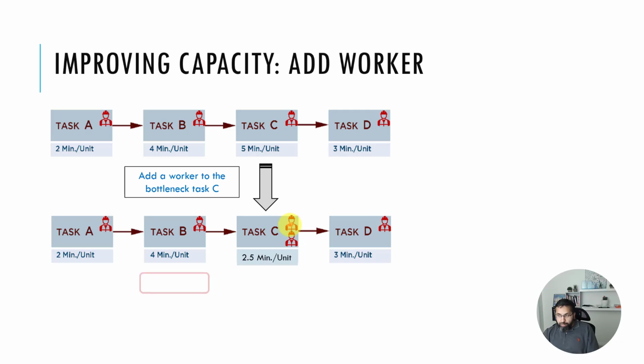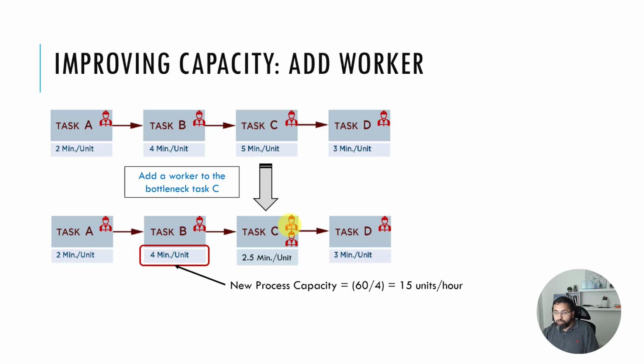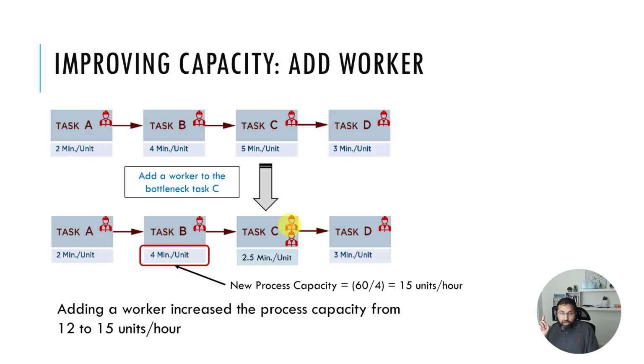So what's our new capacity? Well, we have to find the bottleneck, because the capacity of the process is the capacity of the bottleneck. And so the new process capacity is the capacity of task B, which is 15 units per hour. Okay. So adding a worker increased the process capacity from 12 units per hour to 15. So what does this calculation help you do? It shows you the value of an additional worker to this process.